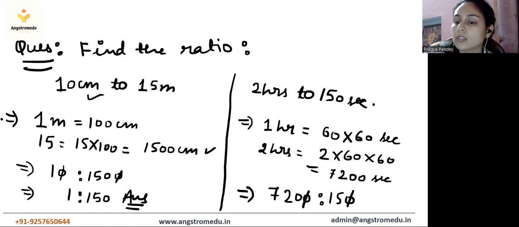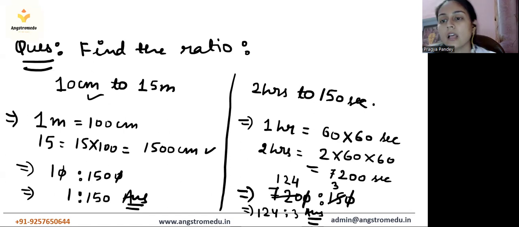You can just reduce it as well. 5 threes are 15, 5 ones are 5, then 12, 5 twos are, then 4s are. So it will be 48 is to 1 as our final answer over here. So I hope this thing is clear to you.